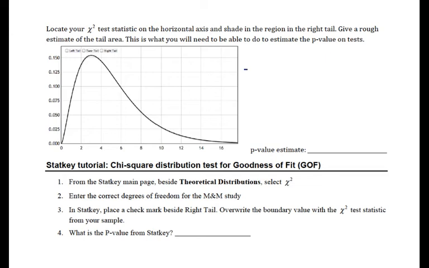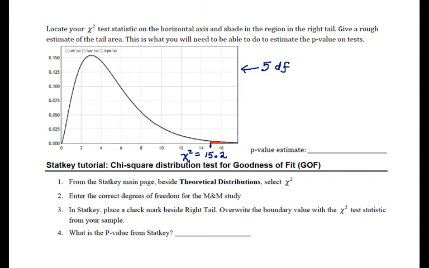So for example, this graph here is of the correct degrees of freedom for our question. So we know that in this case it's 5 degrees of freedom. Our statistic was 15.2. That was my chi-square test statistic. And therefore my tail area is this little region over here.